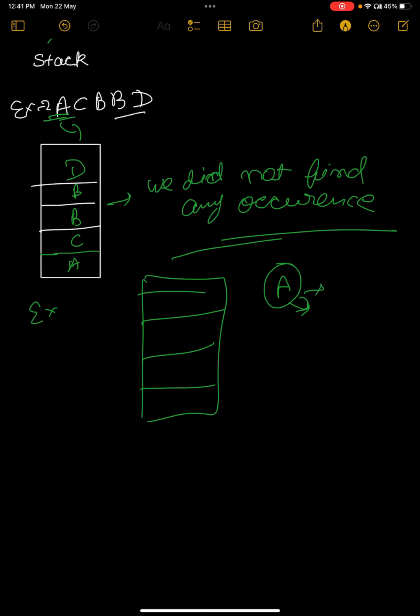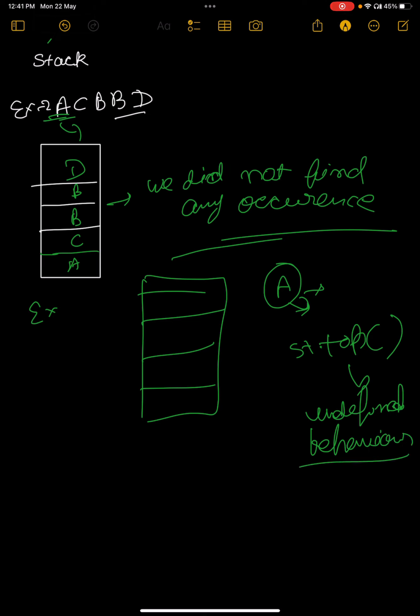From which element will you compare? If you write st.top on an empty stack, this will give undefined behavior. So we check that the stack is not empty for this purpose. If it is not empty, then we do the comparison. Otherwise, we simply push it. If the top element is not present, then you simply push whatever the element is, right?